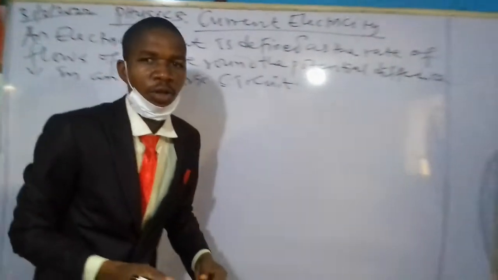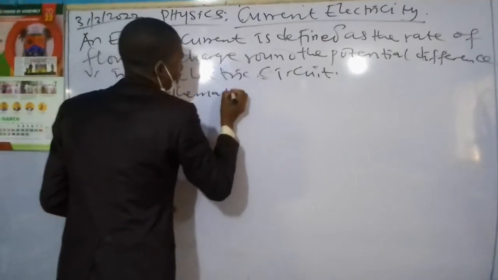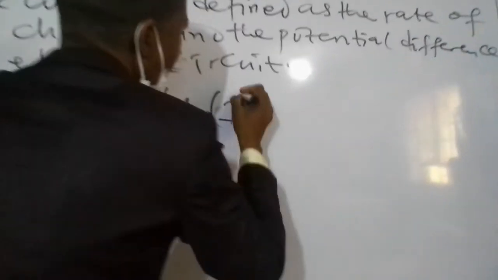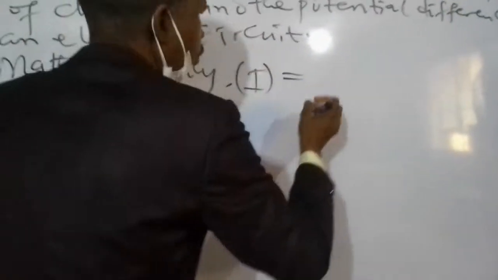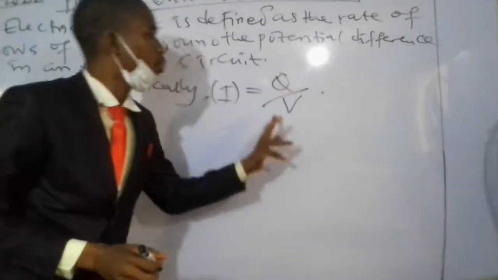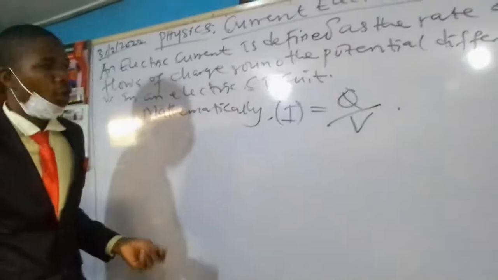Mathematically, we can express it. Our current I is equal to the rate of flow of charge divided over potential difference. That is Q over V. Q is measured in coulomb, V is measured in volts.